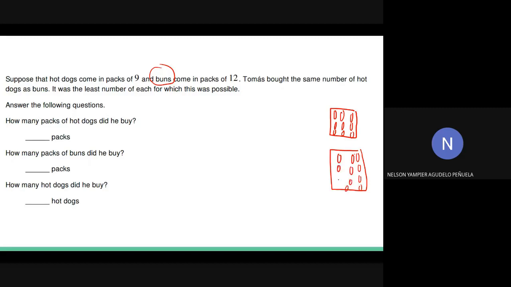Bueno, digamos, vienen de a 12. Hot dogs, 9, buns, 12. Okay, look what happens here.